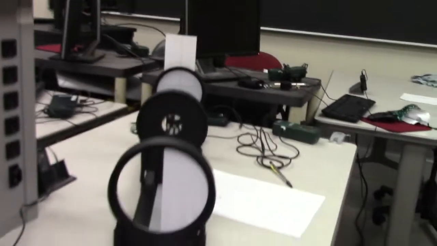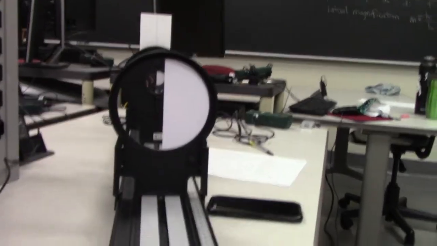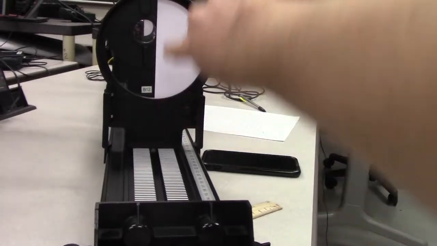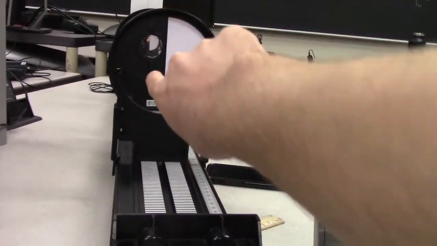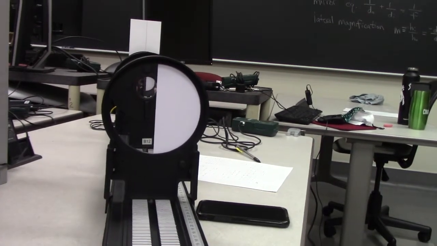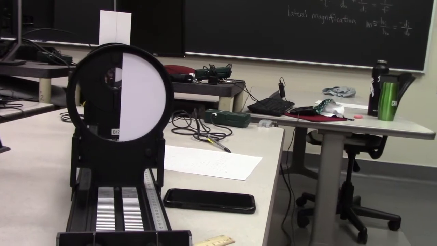If we go over here now and look into that mirror, let me point this out. This is the object. You see that line where the half screen is. You can see an image of that. In other words, you can see the half screen through the mirror right there. And that image is forming somewhere behind the mirror.